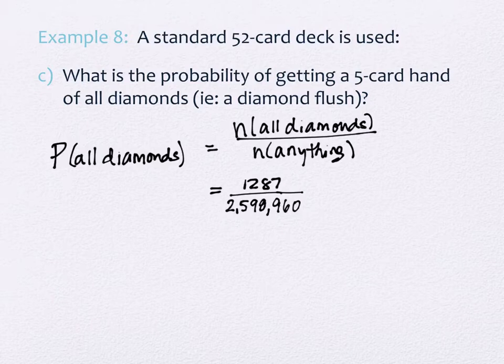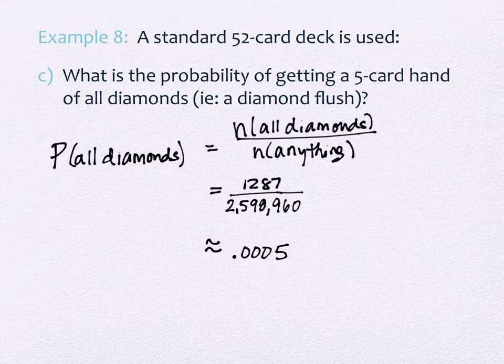So if you grab a calculator and you do this division rounded to 4 decimal places, what do you get? 0.0005.